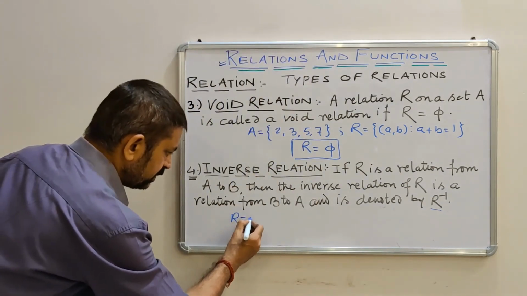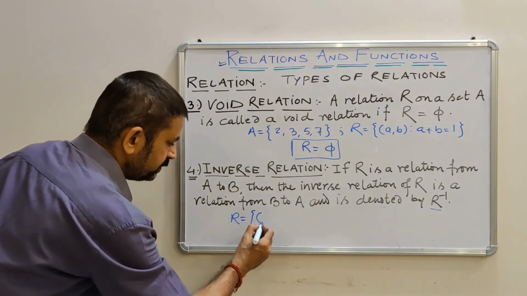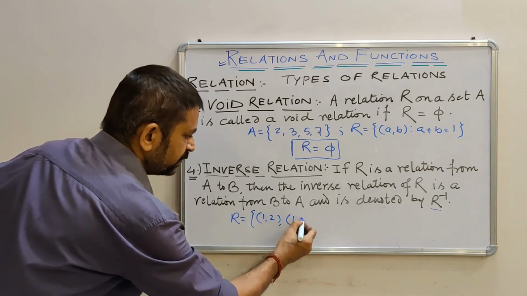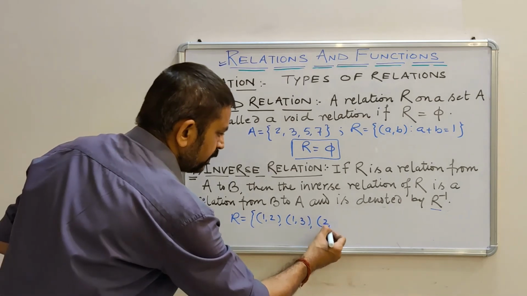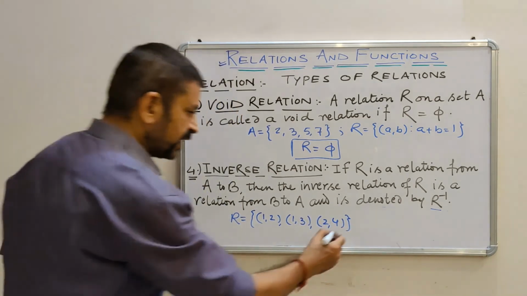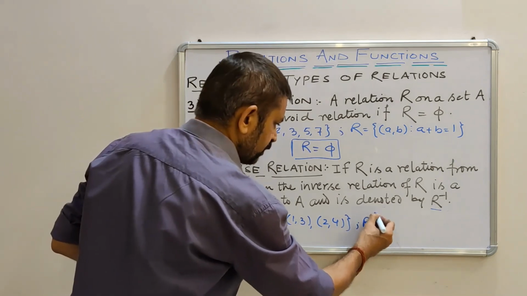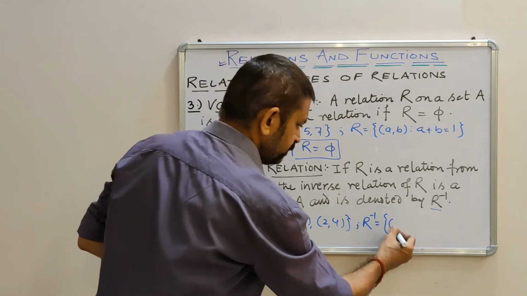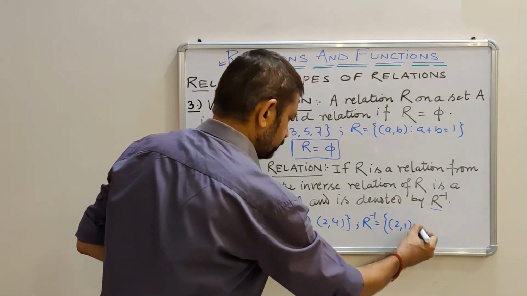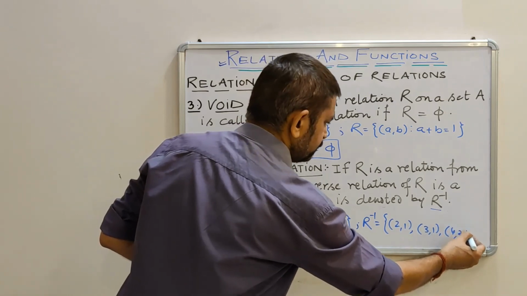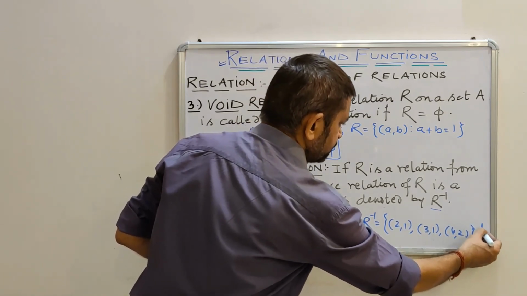Suppose R is any relation, say (1,2), (1,3) and (2,4). Right. So what is R inverse? You just need to reverse the order. So R inverse will become (2,1), (3,1) and (4,2). This is R inverse.